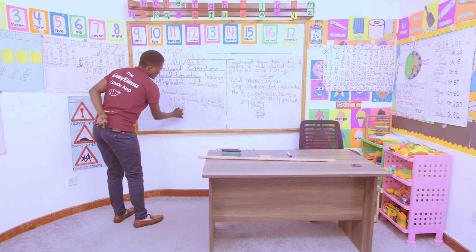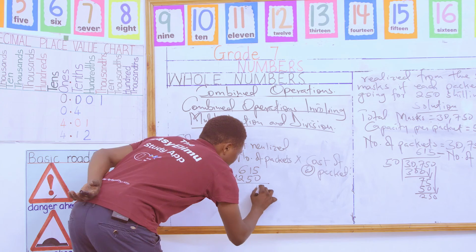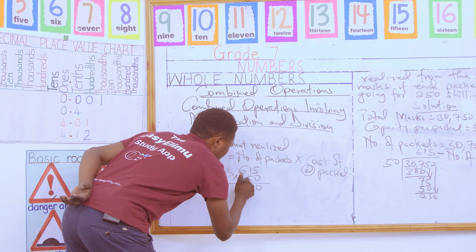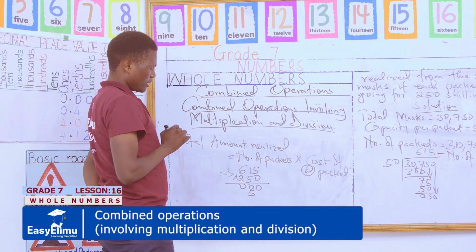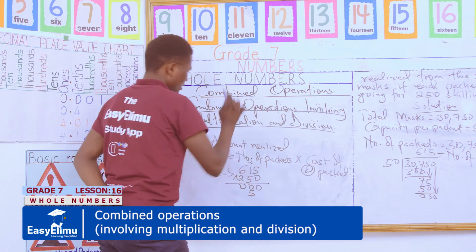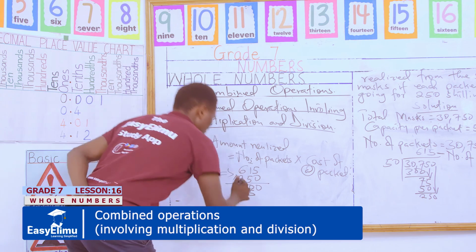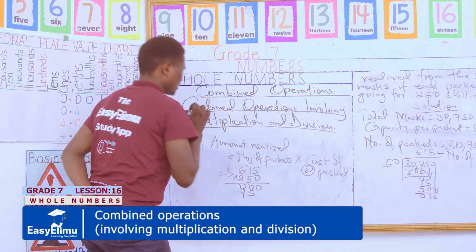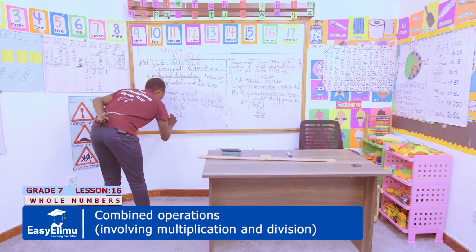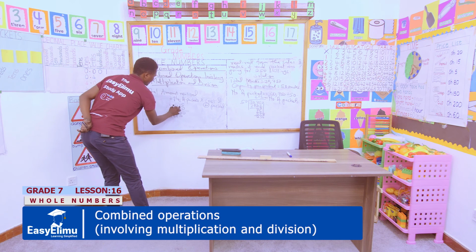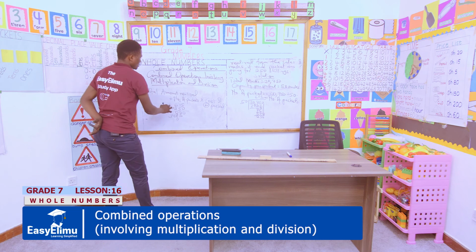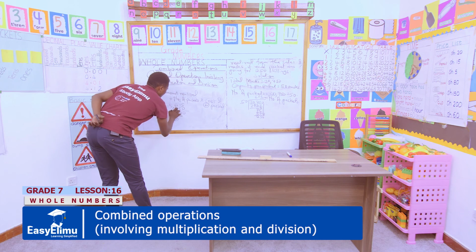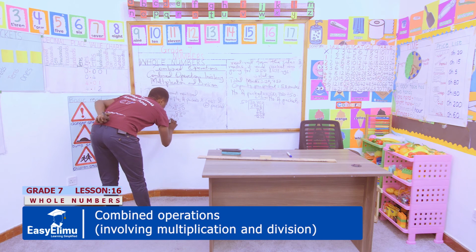So we multiply 0 by 5, that is 0, 0 by 1, 0, 0 by 6, 0. 5 by 5, 25, write 5 carry 2. 5 by 1 is 5 plus 2, 7. 5 by 6, that is 30. So we write our 30 there. Then 2 by 5, that is 10. We write 0 carry 1. 2 by 1 is 2 plus 1, that is 3. 2 by 6, that is 12.